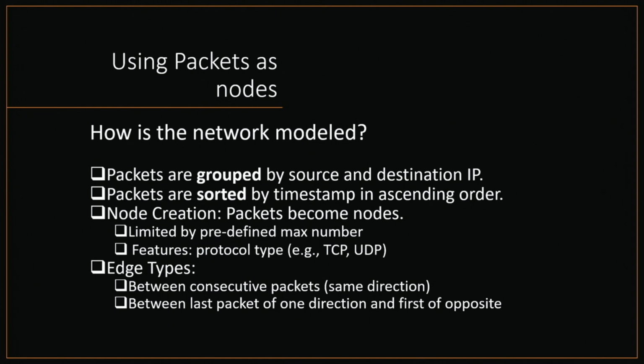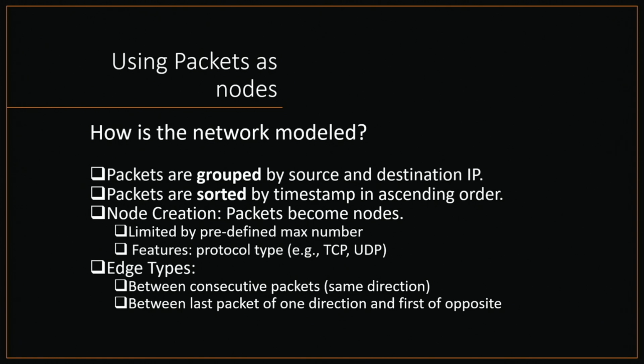Then node creation is pretty easy. Packets are nodes. They're limited by a predefined number. You can define it depending on your use case. A lot of the time, this is just passed as a hyperparameter. You can use different features, for example, protocol type.